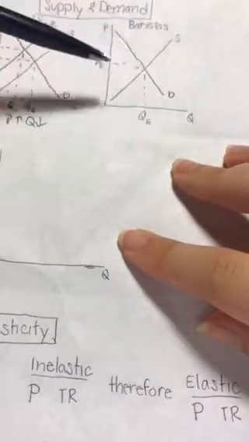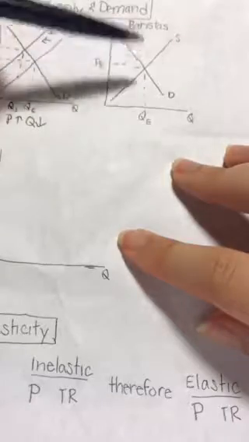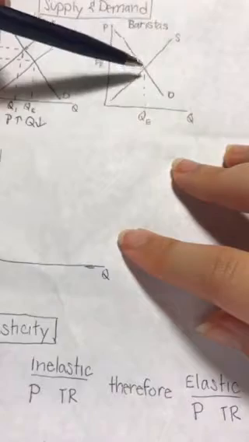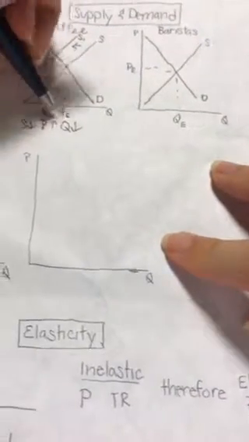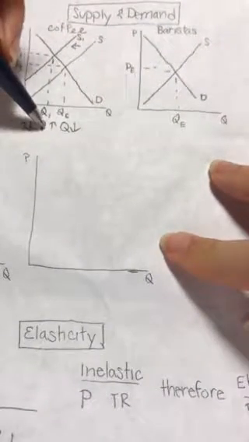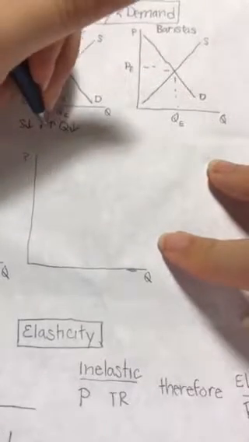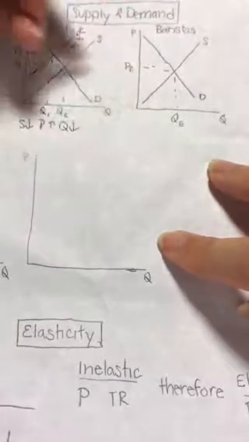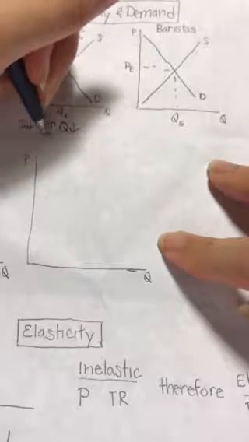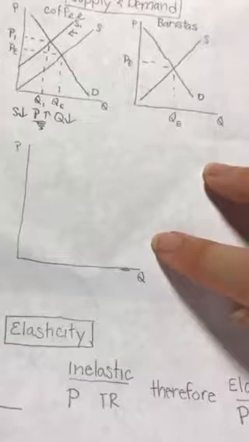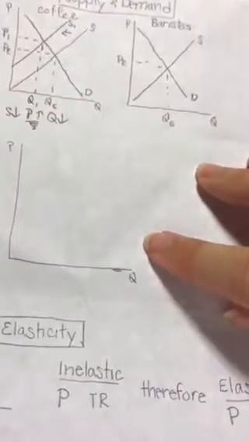So since this is a labor market question, the business is going to be the demand line, and so that's the one we're going to be moving. So what's important is back here in coffee, the price went up. If the price goes up, then that is going to affect the demand for baristas.